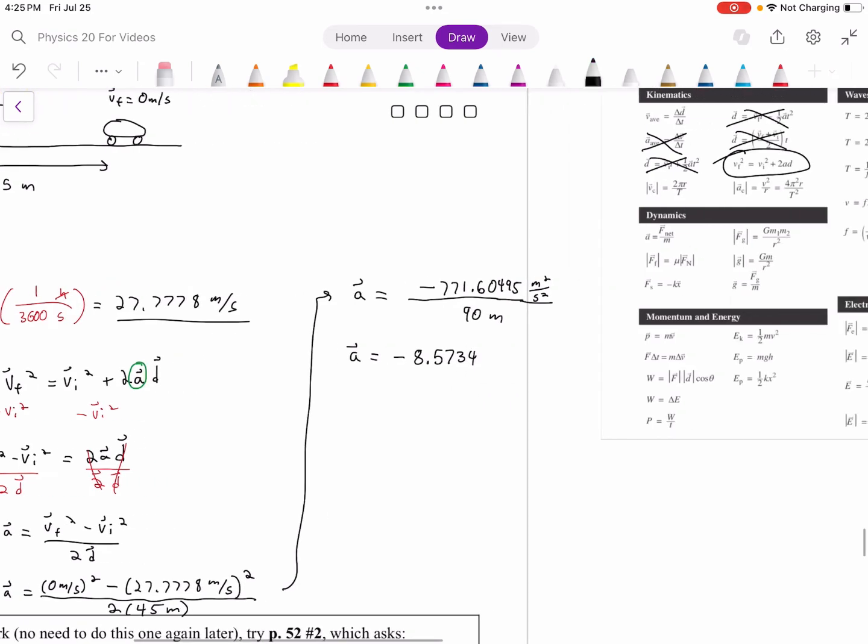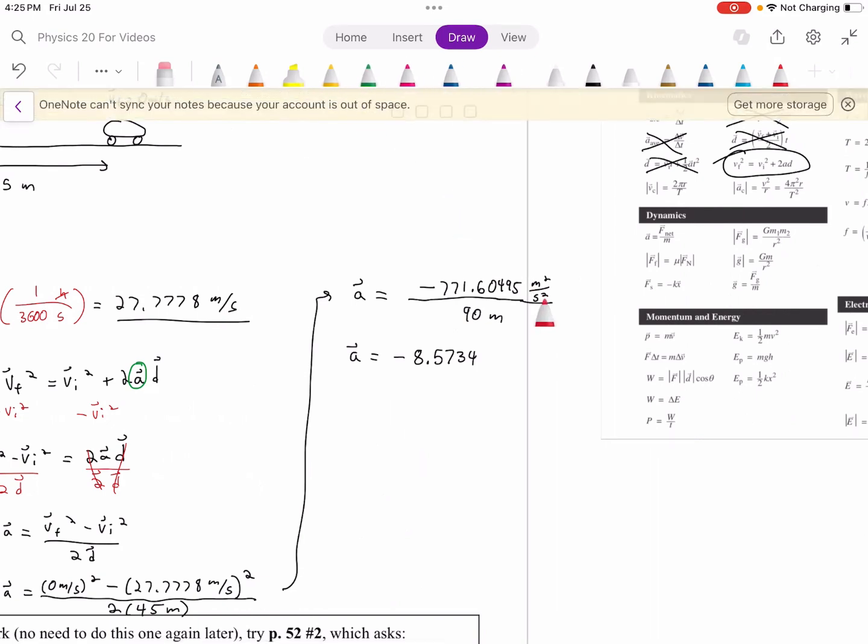Okay, now I want to talk again about units. You can always do this, and honestly, you always should when you have time, right? Do a little unit check and make sure that you're getting the units you should be. That lets us know that we did something right. So here I have meters squared per second squared being divided by meters.